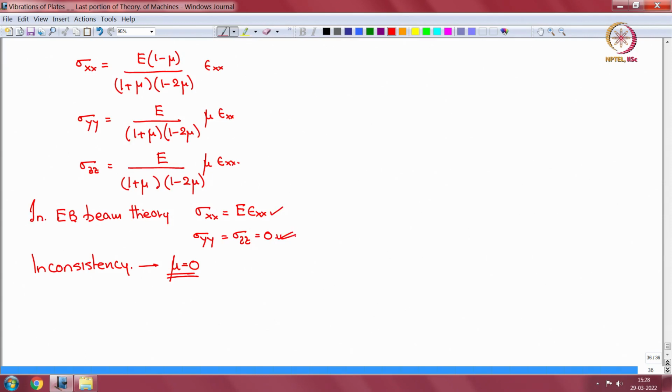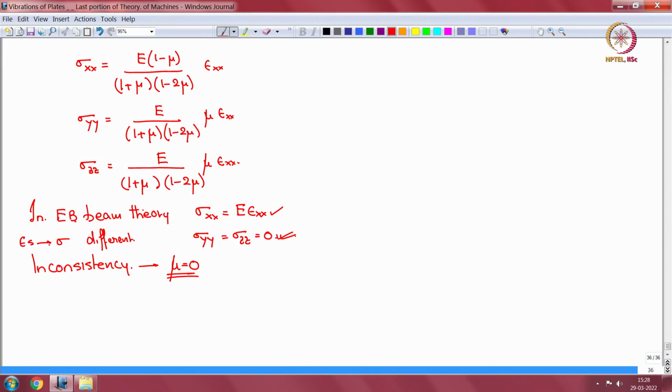So that is one level 1 inconsistency. That means the sigmas that come up from a choice of epsilons, okay, are different from the final choice we actually make. That's one inconsistency, okay.